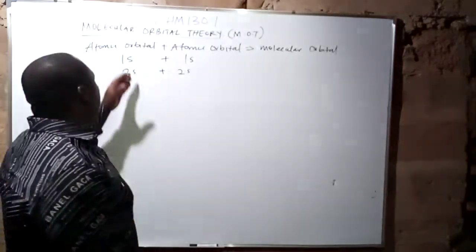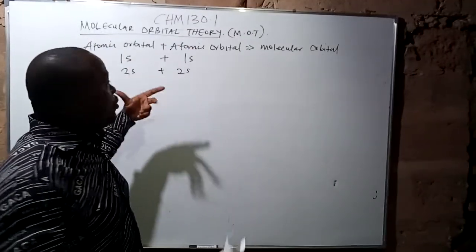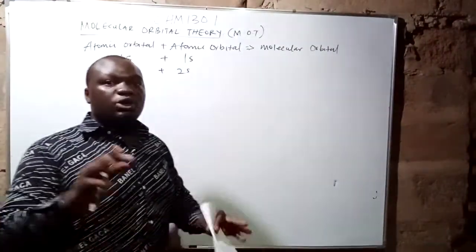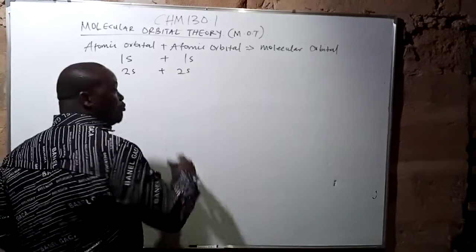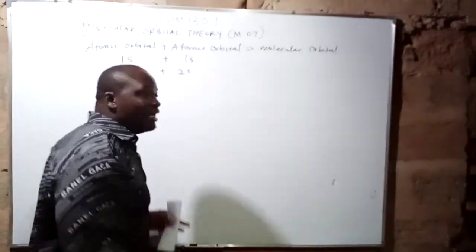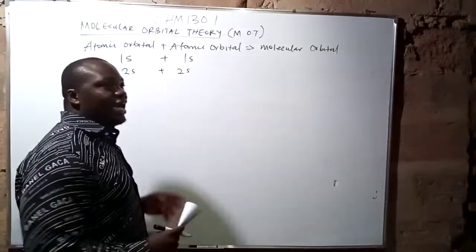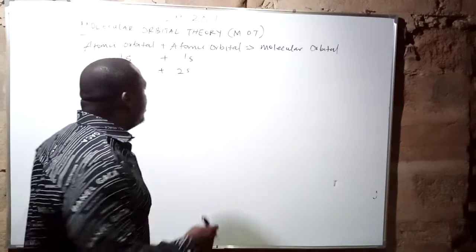Now look, we have 1s, which is 1 atomic orbital, plus another atomic orbital. When they come together, they will give birth to the molecular orbital. And we said in molecular orbitals, we are going to be concentrating on 2 things. One is the bonding molecular orbital. The other is the antibonding molecular orbital. And we said that the s forms the sigma bond.